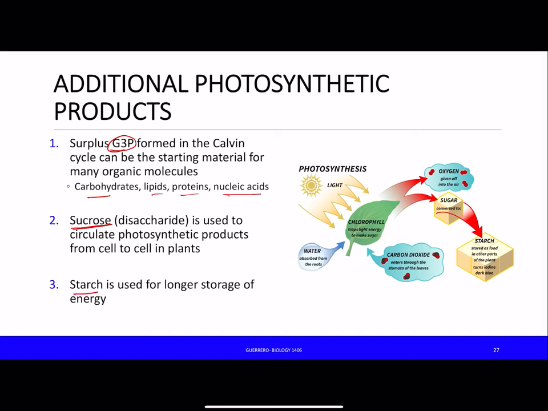And then starch is used for your long-term store. So sucrose is everyday use, if you will. Short-term use. And then starch is how the plant stores energy for the long haul, for long-term use.